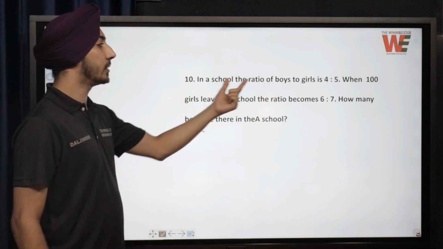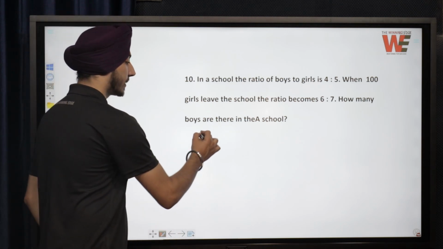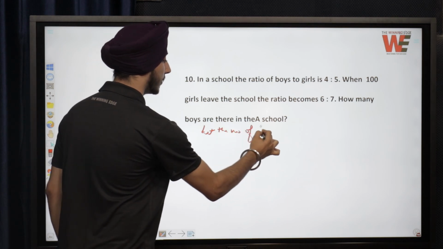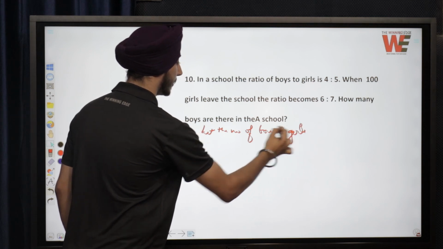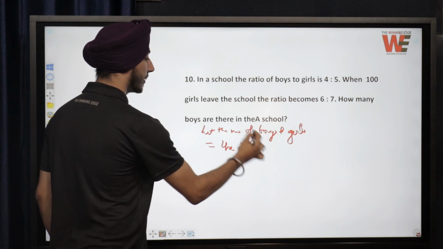So, first of all, the ratio is given, so we'll assume the numbers of boys and girls in terms of x. So, let the number of boys and girls be equal to 4x and 5x, right?